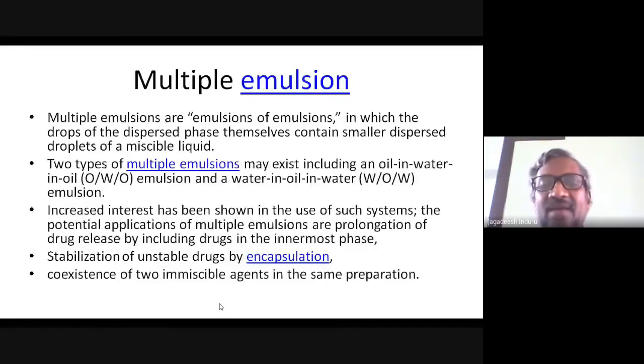It also has unstabilized drug which can be stabilized by encapsulation using cross-linking, and we convert the globule into a solid and disperse it as in your regular suspensions, which are more stable. Suspensions are more stable than your emulsion. With the coexistence of two immiscible phases in the same preparation, you can entrap two drug molecules in two phases.